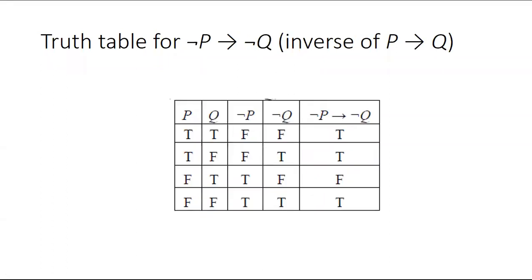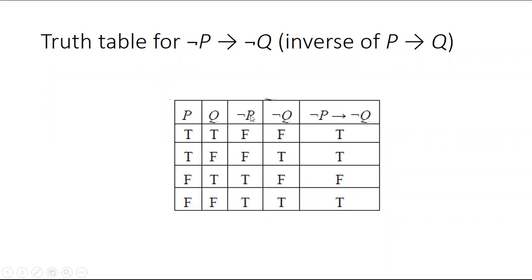The same way, inverse. Inverse is negation of P implies negation of Q. First write the P values as true, true, false, false, Q values as true, false, true, false, and write the negation of P. If P is true, negation is false: false, false, true, true. Negation of Q is false, true, false, true.